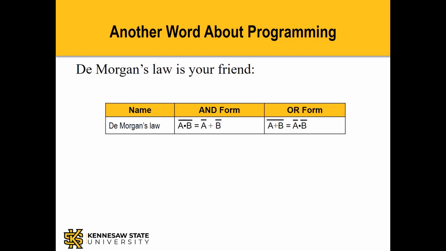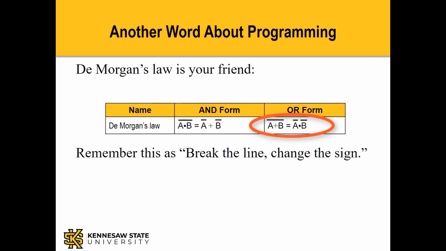The and form says not A and B, the not bar is over both of them, is the same as not A or not B. Moving to the or form, not A or B, the overbar over both of them, is the same as not A and not B. The way you remember this is break the line, change the sign.